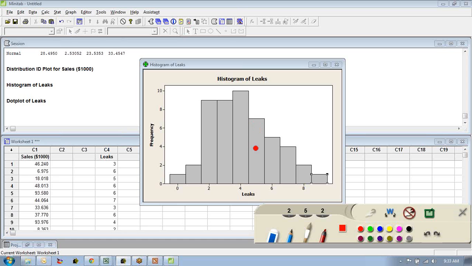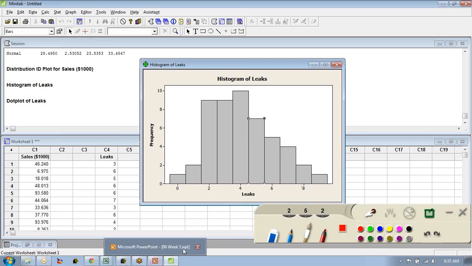I'm not writing there. I don't understand why it's not writing, but maybe Minitab can't do this. In any event, I want to know the probability for these guys right here.